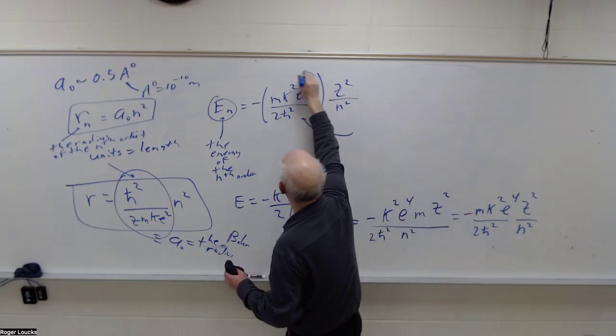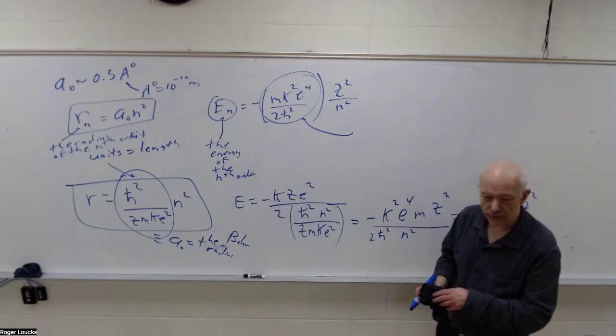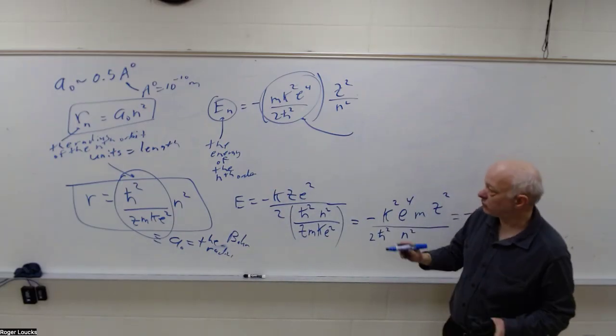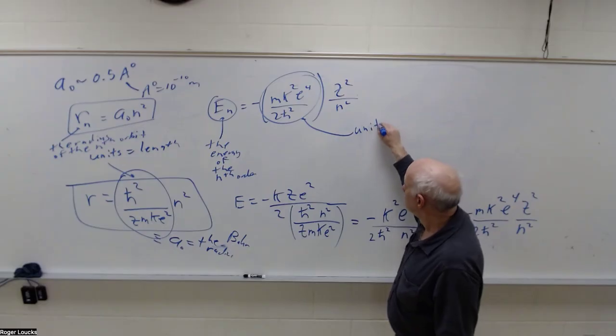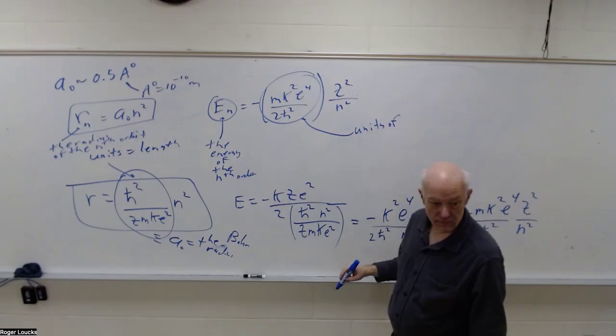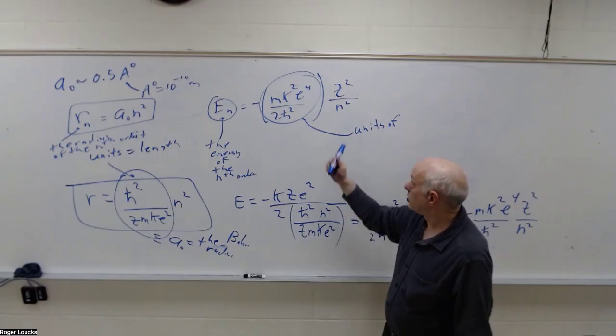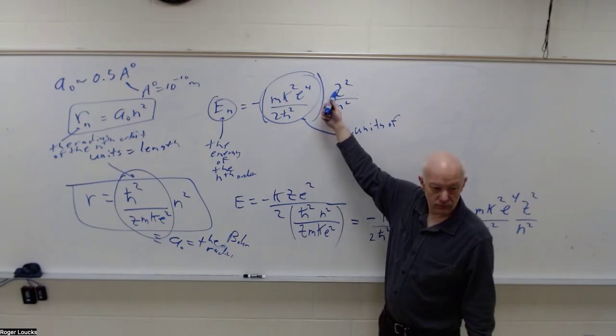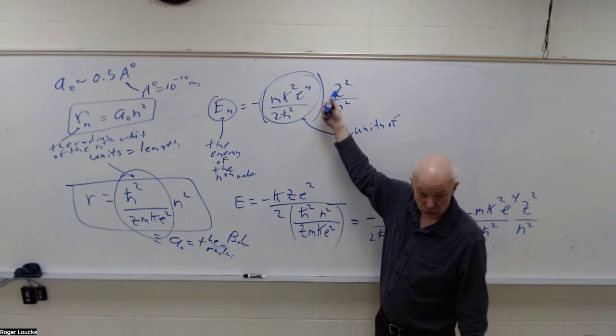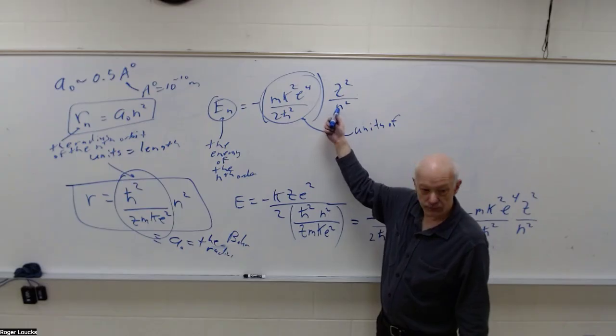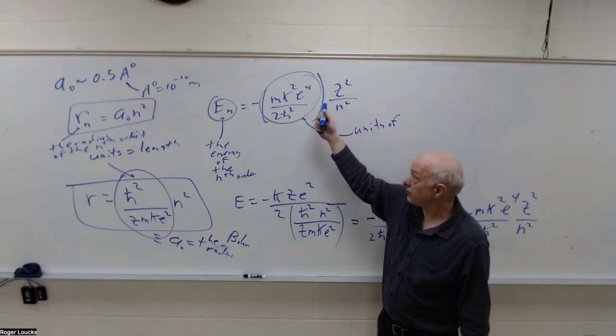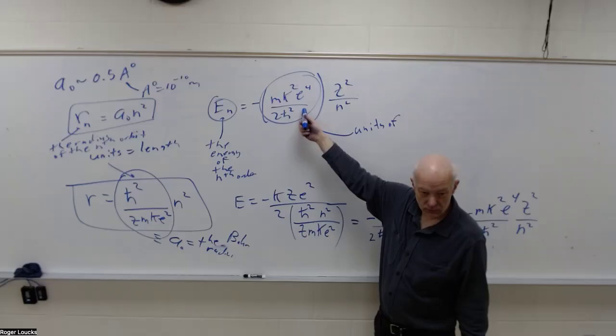Without doing any work, what do you know about that guy right there? It has to have units of what? What are the units for the number of protons? Integer, so it has no units. What are the units for an integer? It has no units. So this has to have units of energy.